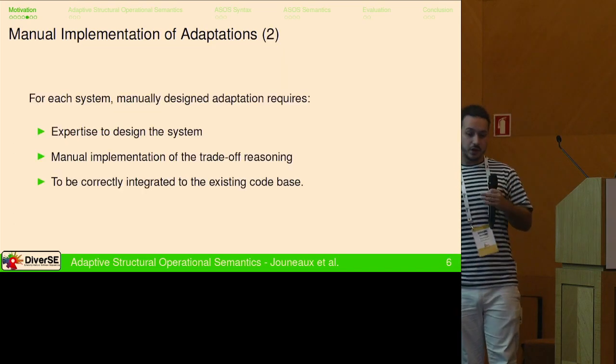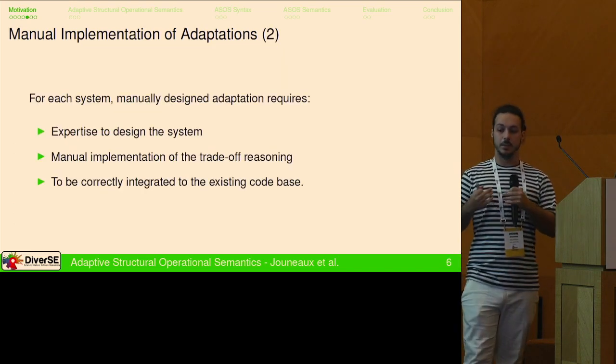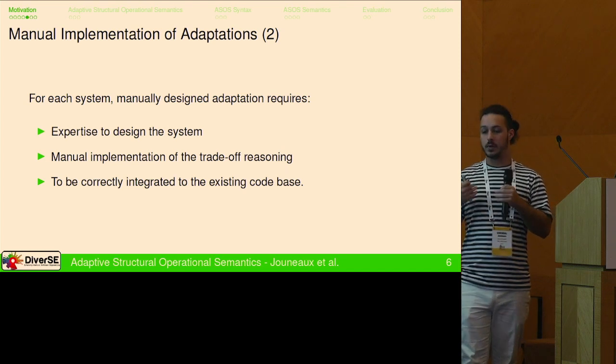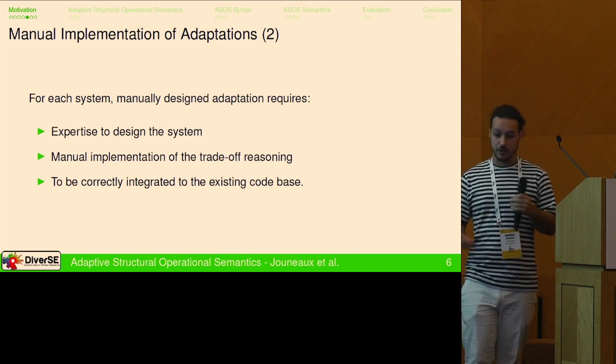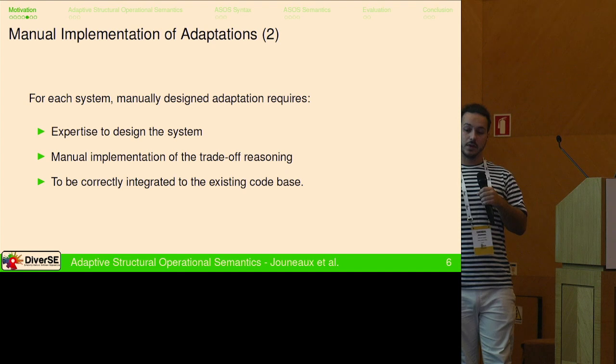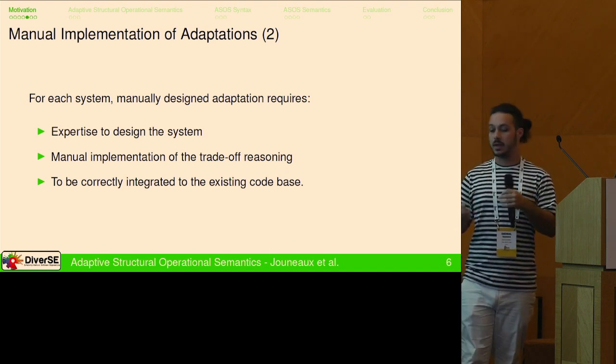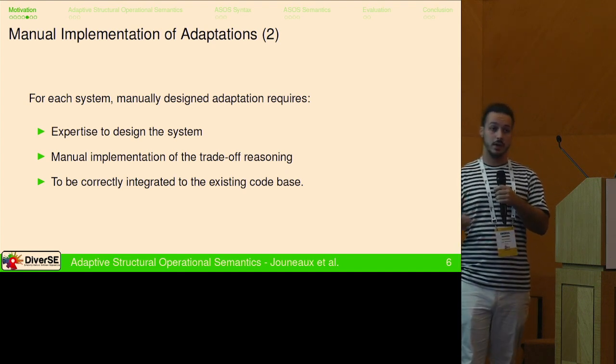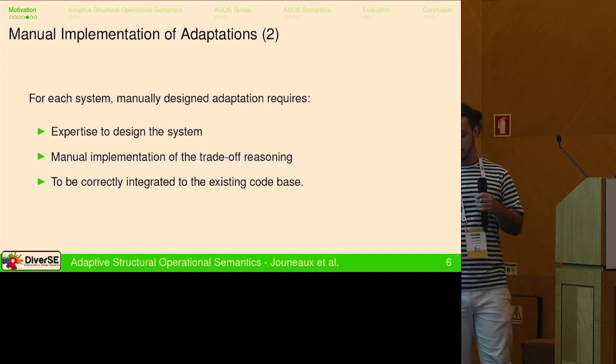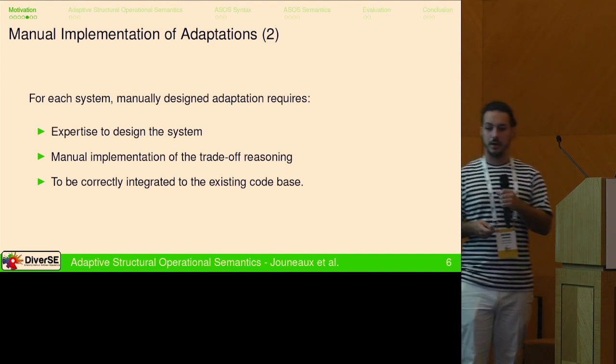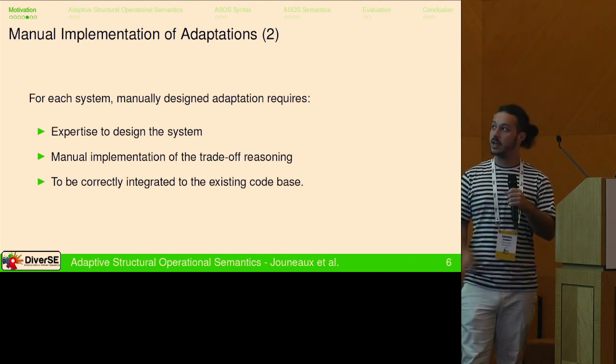And for each system, you have to manually design the adaptation, which requires expertise to design, manual implementation of the trade-off reasoning, like I said, and to be correctly integrated within the code base, which is often not really easy.